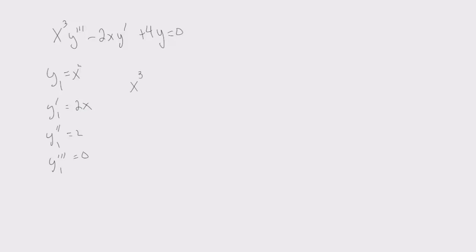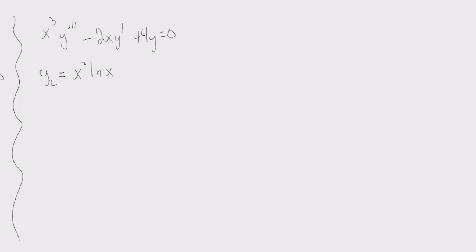So x cubed times 0 minus 2x times 2x plus 4 times x squared equals 0, and that looks pretty good. That gives me 0 equals 0. So y1 definitely checks.